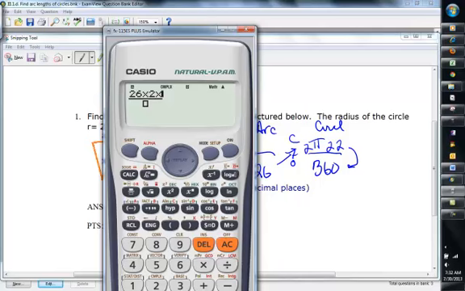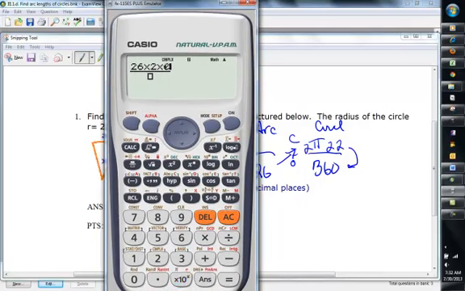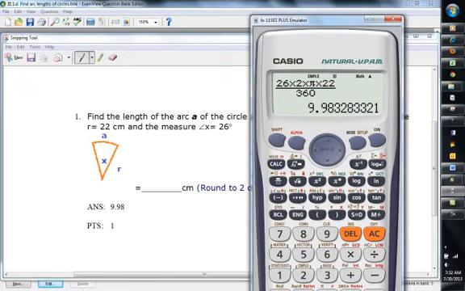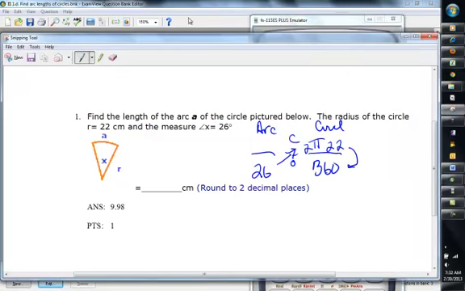Oops, it didn't get pi in there. There we go. Shift pi times the radius, 22, over 360, the number of degrees in a circle, and we get 9.98 centimeters. Next one.